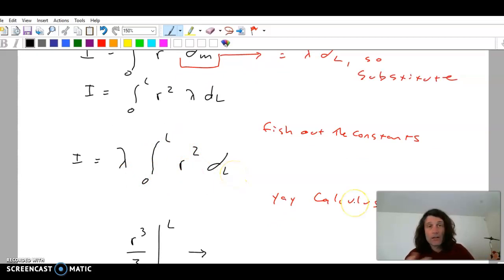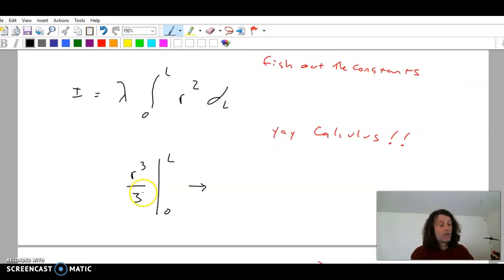All you've got to do is the calculus. This is actually pretty easy. All I'm going to do is turn that R squared into the calculus version, the integral of R squared. So that will end up being R to the third over 3. And I will put 0 and L in where the R is. Then I will multiply that quantity by lambda. That will be what I equals.